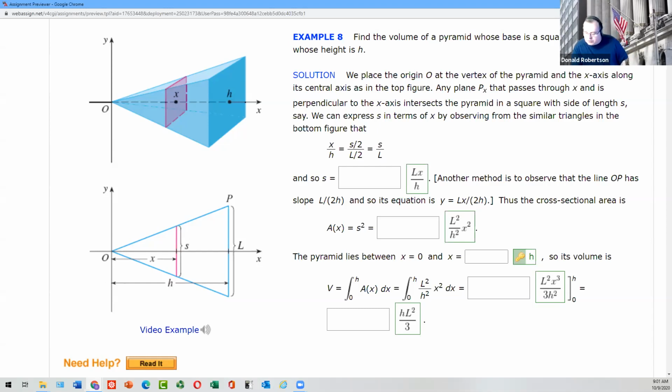And we'll show you how they came about calculating the value of this thing here called S.